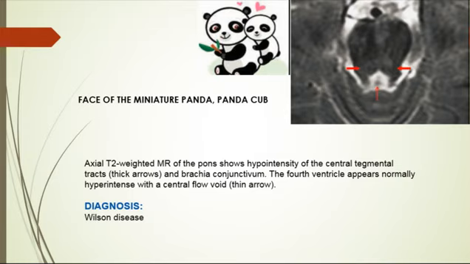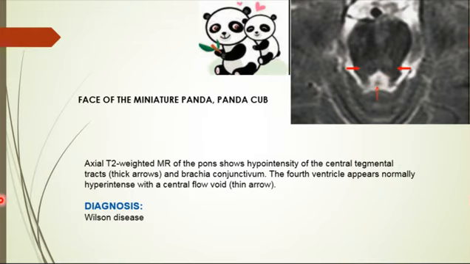You can see hypointensity of the central tegmental tracts, here and here, and the brachium conjunctivum. The fourth ventricle appears normally hyperintense with a central flow void. You can see the flow void within the fourth ventricle.